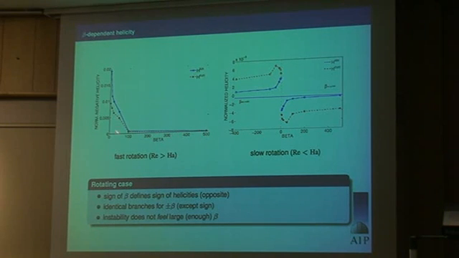That's the same here for the fast rotation, but plotted only on one side. Nevertheless, the beta here really defines the sign of the helicity. So the helicity of the applied background field also defines the sign of the helicity we get out of the instability. The only exception is the non-rotating case without any axial field.